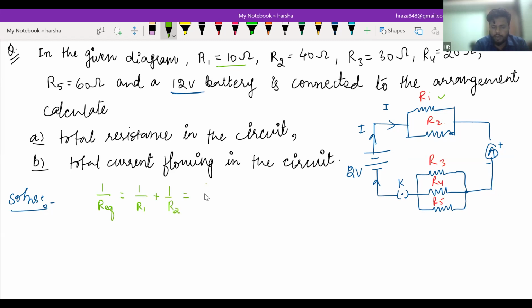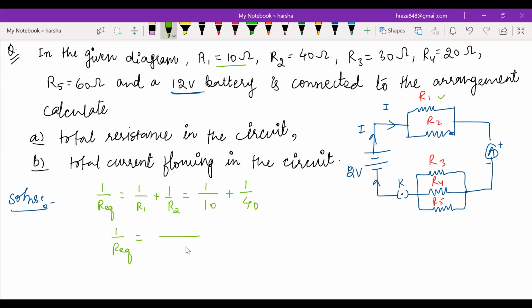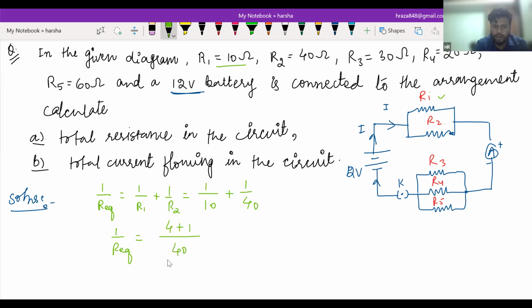Putting the values, 1 upon 10 plus 1 by 40. Now take the LCM, which is 40. Here it will be 4 plus 1, so 1 upon R equivalent will be equal to 5 by 40.